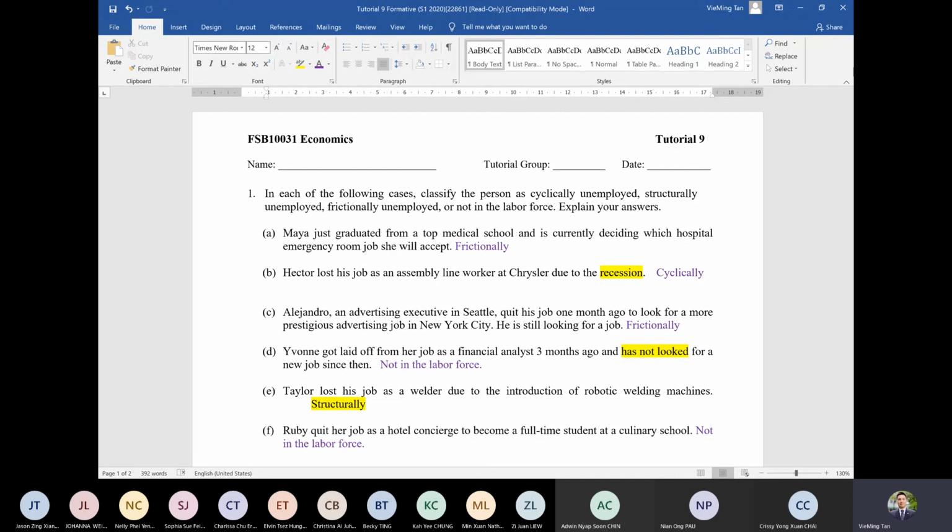Tomorrow we have a class whereby we are going to cover the next lecture topic, which is aggregate demand, aggregate supply, and also the fiscal policy that can be implemented by government to solve macroeconomic issues. Some of the issues we discussed today can be solved by government using policies. So tomorrow we're going to discuss in more detail how the government can solve macroeconomic problems.